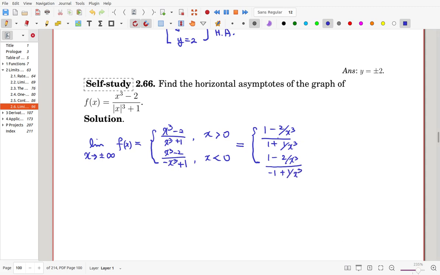So as x approaches infinity or minus infinity, this value is approaching 1, and this value is approaching minus 1. So we have y equals 1 and y equals minus 1, two horizontal asymptotes. So these are the horizontal asymptotes. Okay?